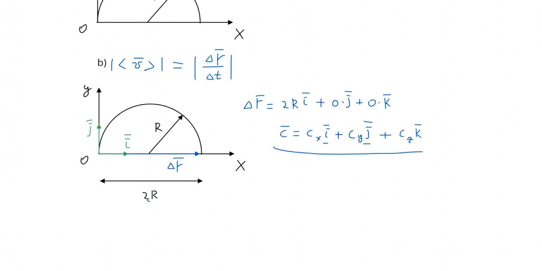Yeah, because there are no components of vector delta r that are parallel to axis y and axis z. So we have 2r vector i.